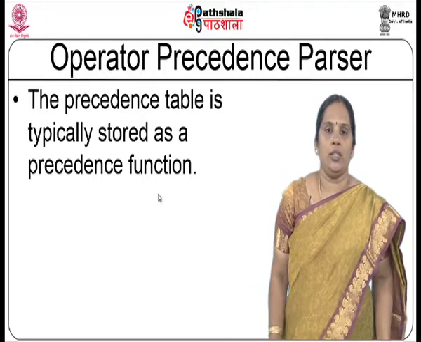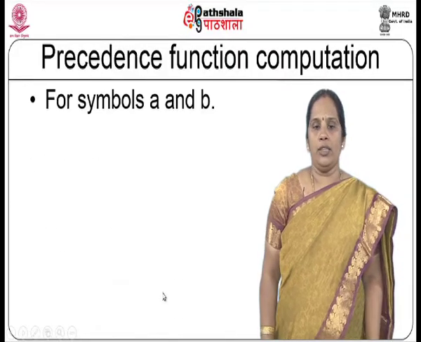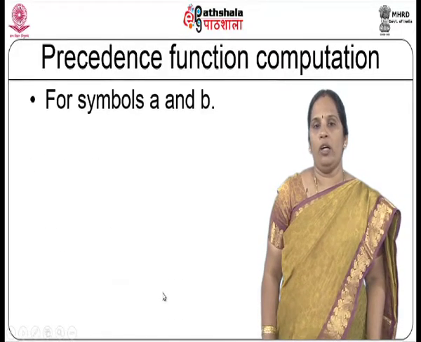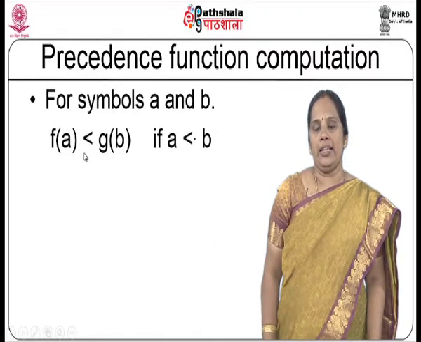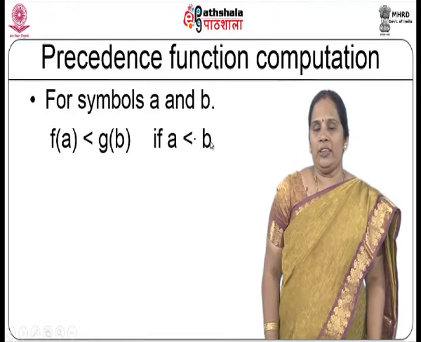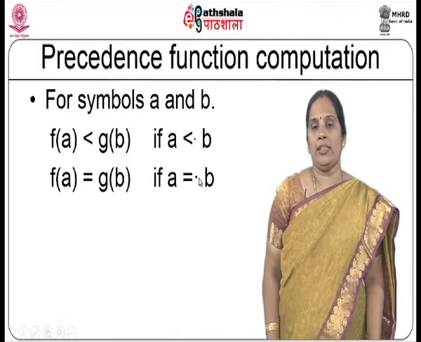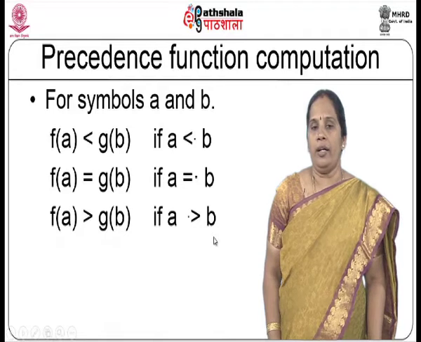Now, how do I construct this precedence function? The precedence function is encoded as a table with two functions f and g. For symbols a and b, the symbols are going to be your terminals. You will set f of a is less than g of b if a has a lesser than relationship than b, you will set it as equal to if a is equal to b, and you will set it as greater than if a has greater than b.